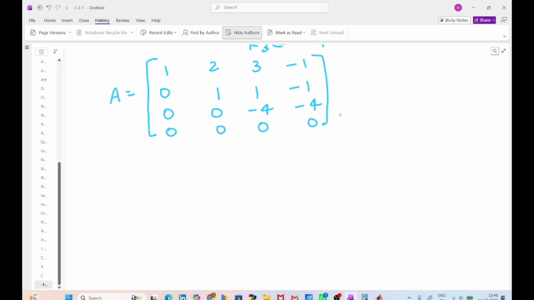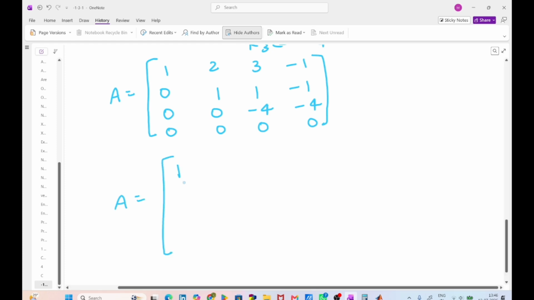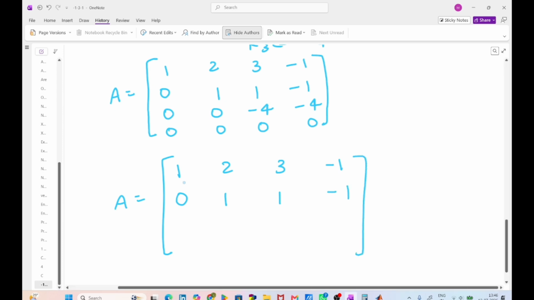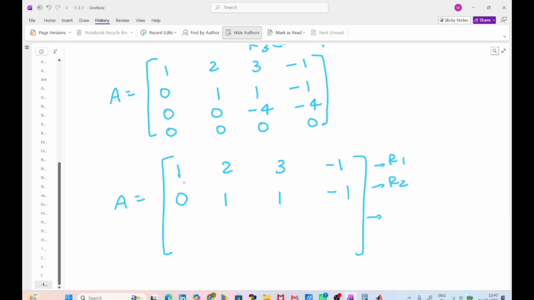Let us write A is equal to 1 2 3 minus 1, 0 1 1 minus 1. This is R1, this is R2, and we need to make minus 4 as 1. For that, R3 is equal to R3 divided by minus 4. 0 0, minus 4 by minus 4 is plus 1, and minus 4 by minus 4 is plus 1.